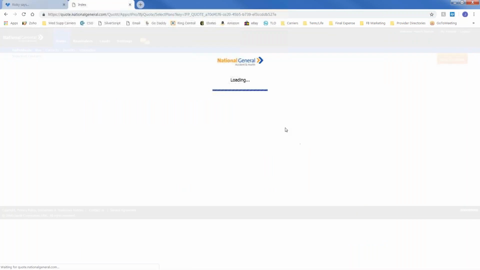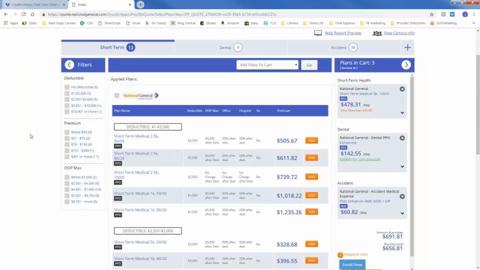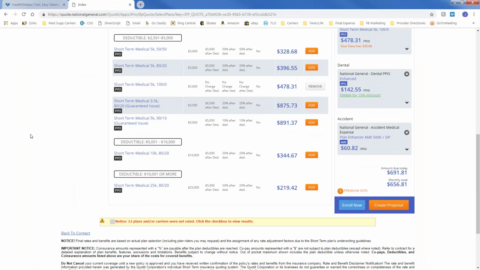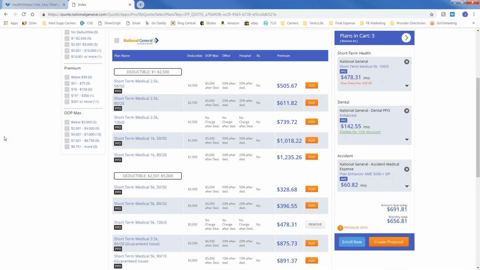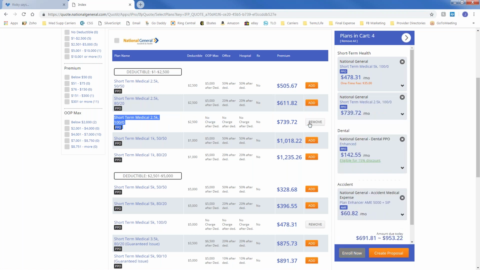So I go into the customization, and I always like to show two examples. The first example is the $5,000 deductible at 100%, and the second is the $2,500 deductible at 100%. I like to give the client the choice, and then share with them why I think one is superior over the other.